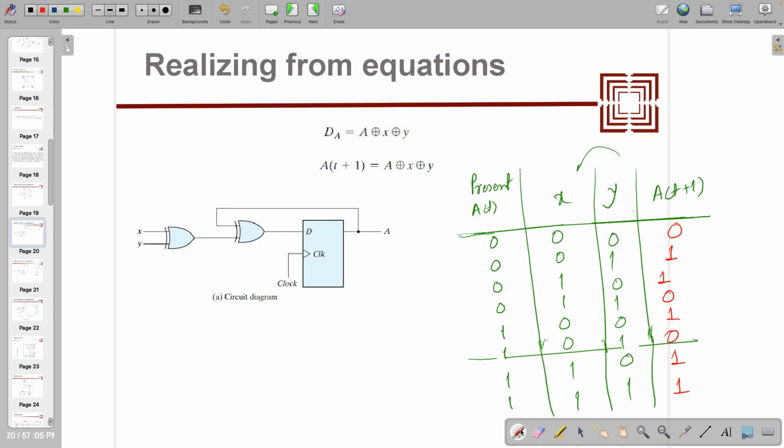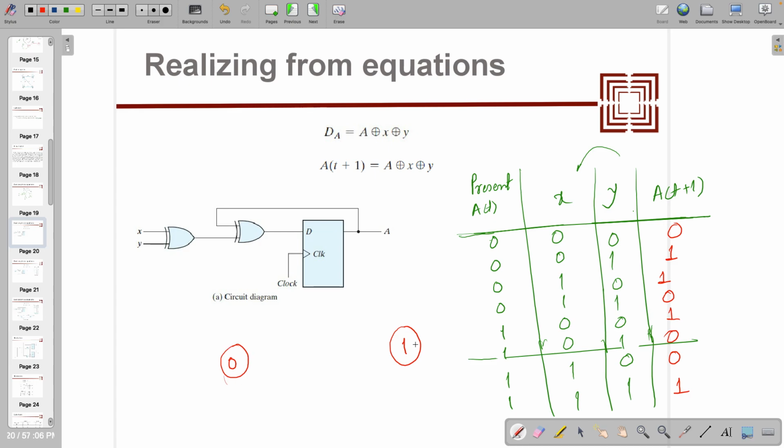In the last row, the answer will be 0. 1, 1, 0. Right. This is fine? No issue. Okay. So there are only 2 possible states, 0 and 1, right?